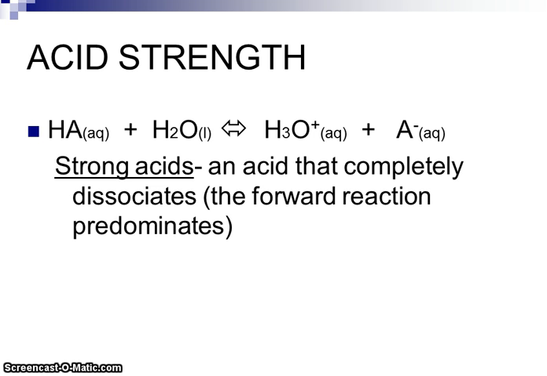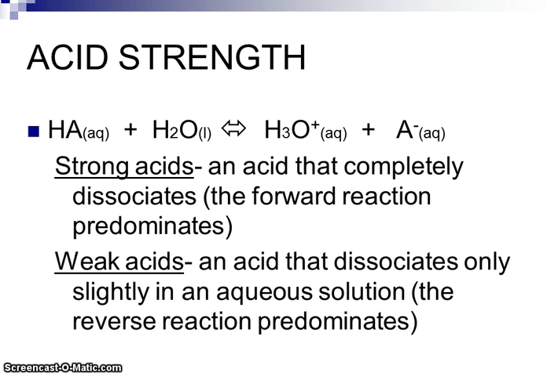Strong acids are acids that completely react, which means that the forward reaction predominates. A weak acid is an acid that only slightly ionizes in water, and that means that the reverse reaction is dominant.